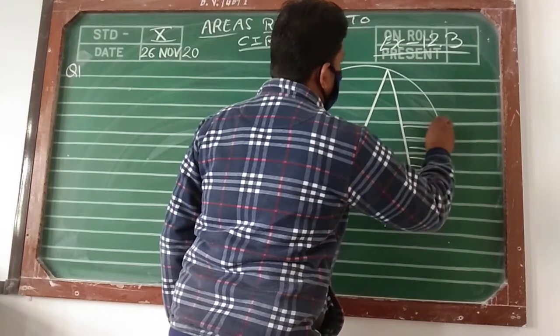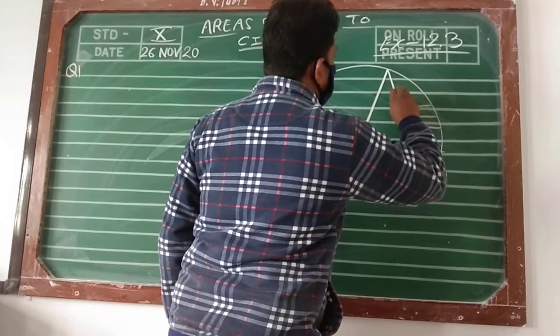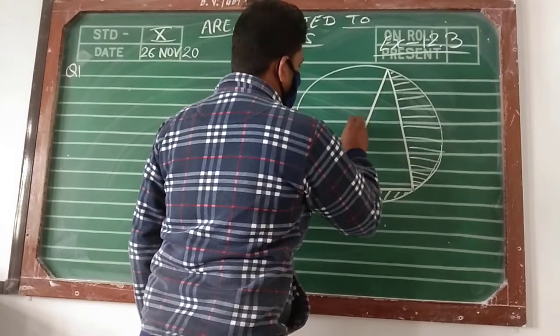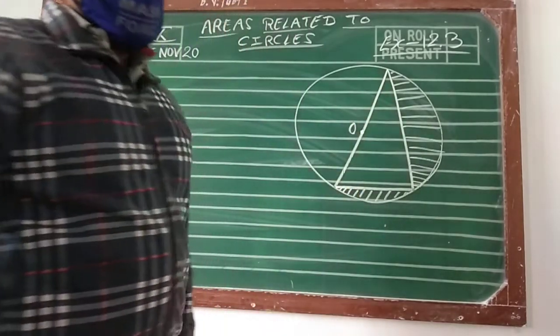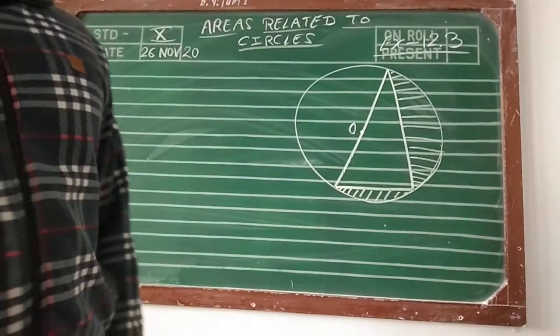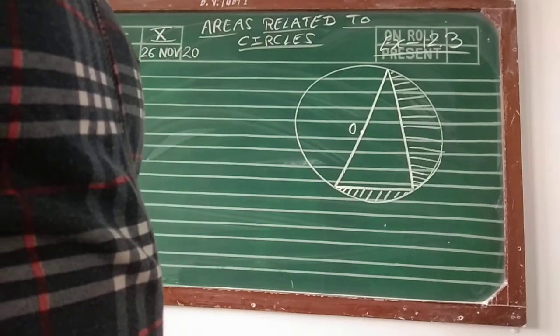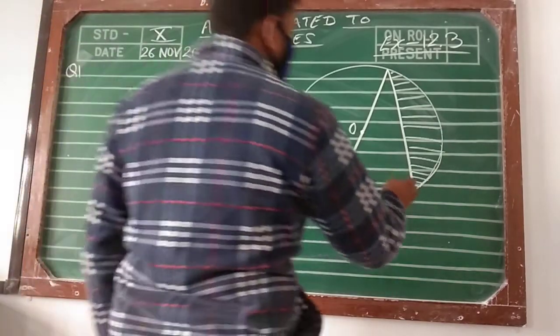If you are considering this figure, then you are getting a circle and a triangle. The length of the side is given to you. PQR.